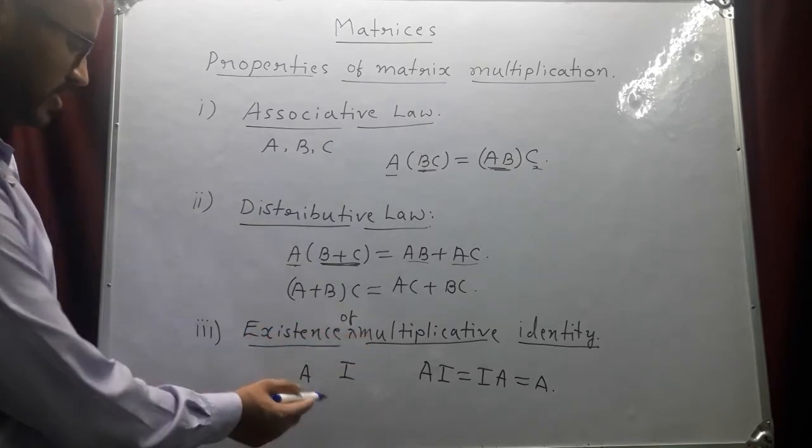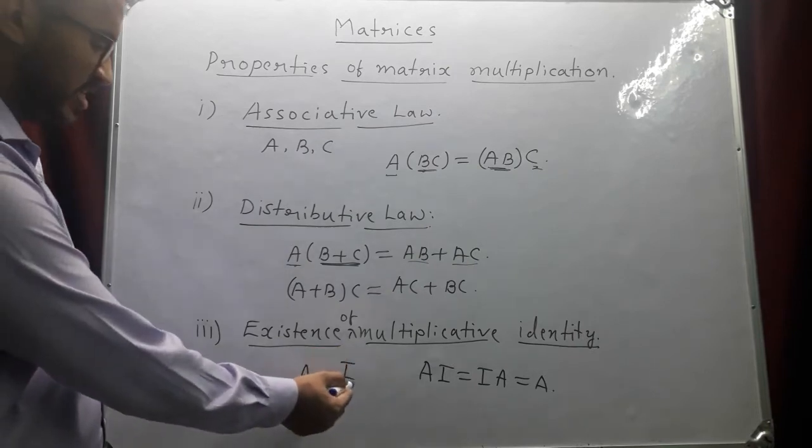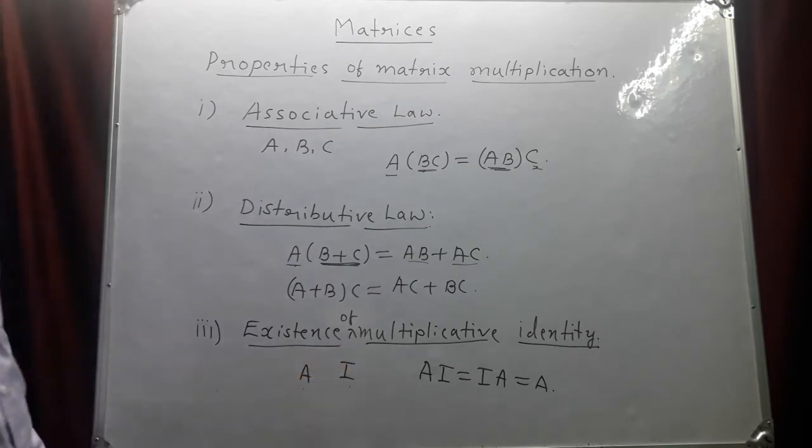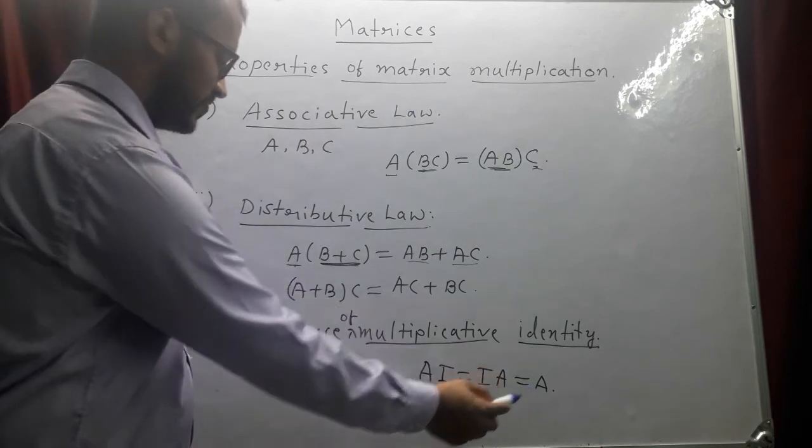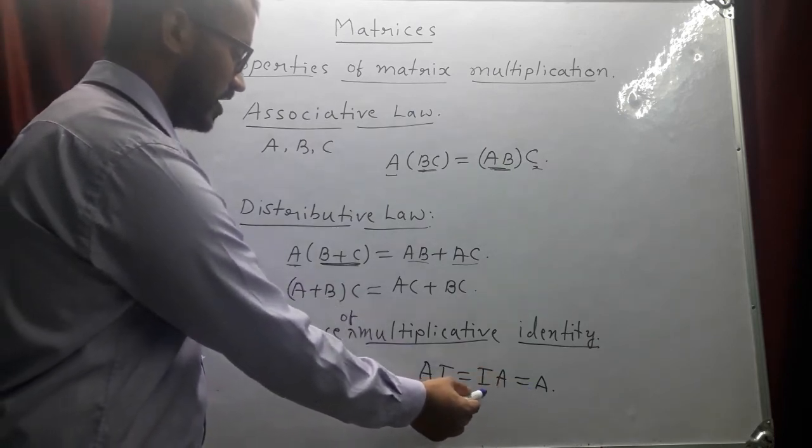A should be a square matrix, and I means the identity matrix of the same order. Then any matrix A, we can write it as A into I or I into A.